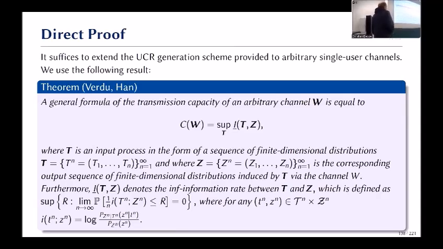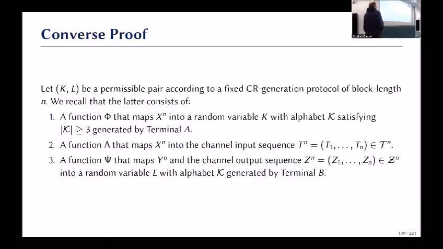What do we use? We use the theorem of Verdú and Han, who show that the general formula of the transmission capacity of an arbitrary channel W is equal to the supremum over all T of the spectral inf-mutual information rate between T and Z. And for the converse, let K and L be permissible pairs, then we show that a function P can be mapped into a random variable K, satisfying the condition by terminal A, and the function lambda.